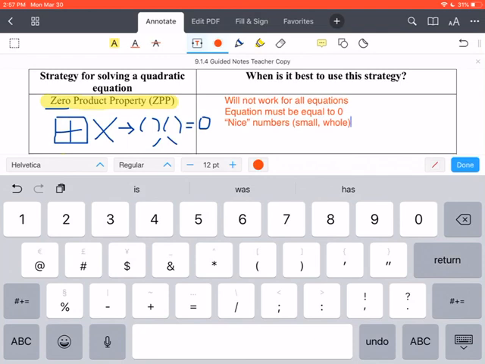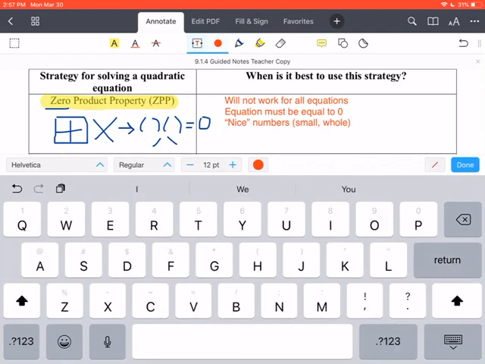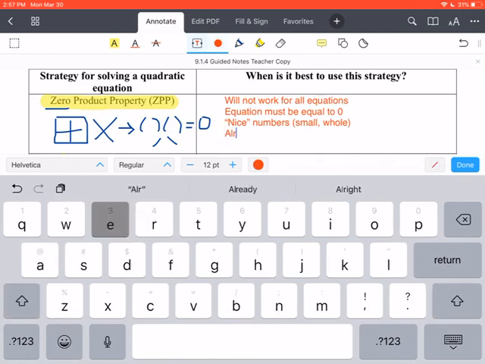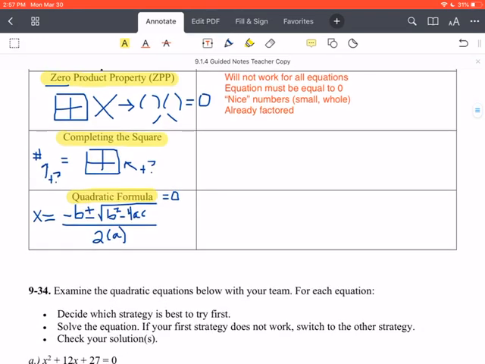Now when else would we use the zero product property? We're going to use it when it's already factored. If it's already in factored form, then we certainly want to take advantage of that, and go ahead and just simply make our mini equations and go from there. Now if these aren't true, then we need to turn to another option.